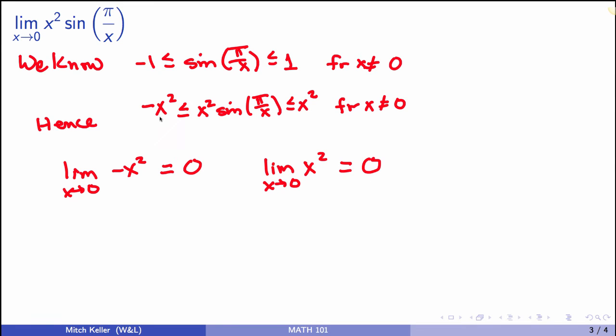So now we've got a limit for this function. This is the one that I was calling g of x earlier. I've got a limit for this function. This is the one I was calling big G of x.